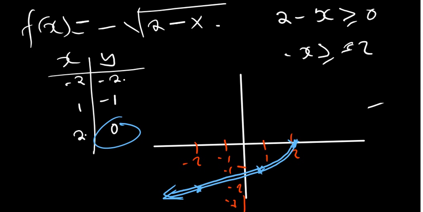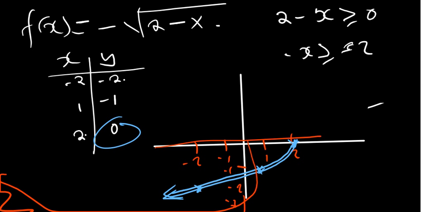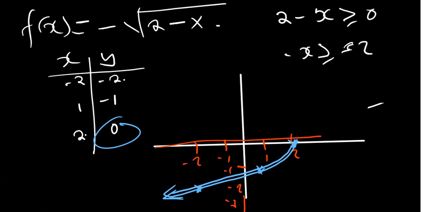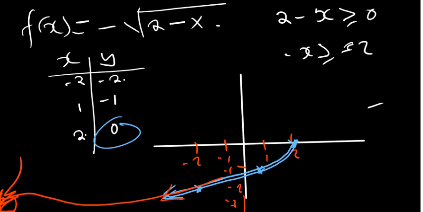So we are starting from here. This graph is just going, that's why I put the arrow here. We don't know where it is ending. The borders ended there, but it can go further. So the range is from 0 all the way to negative infinity. You can say that the range is from 0, 0 is included, comma, negative infinity. Negative infinity is not included, we don't know where it is ending. That is the range. This is how you sketch the graph.